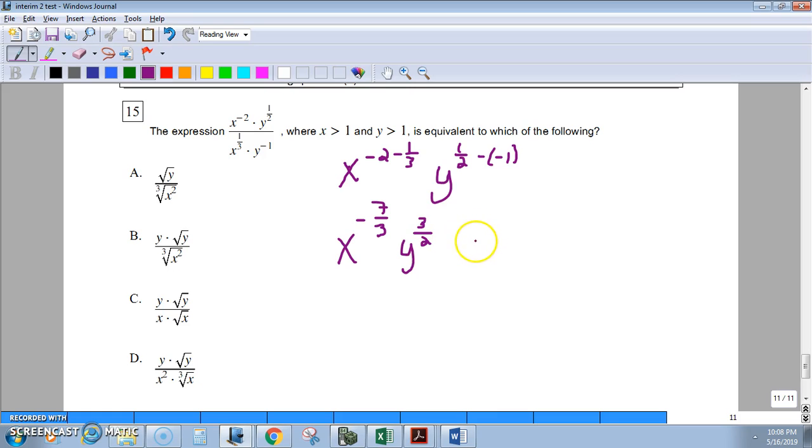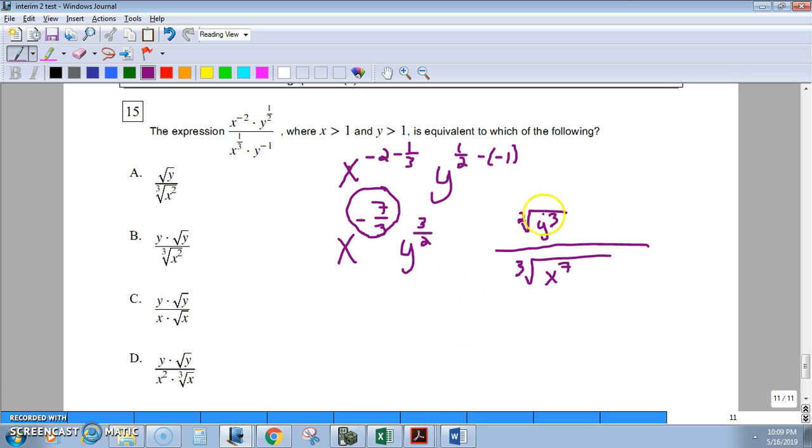And remember this negative exponent, I'm going to put it on the denominator. So now what I have is y to the 3/2, which is actually just the square root of y cubed on the numerator, and then on the denominator it becomes positive, we have the cubed root of x to the 7th.